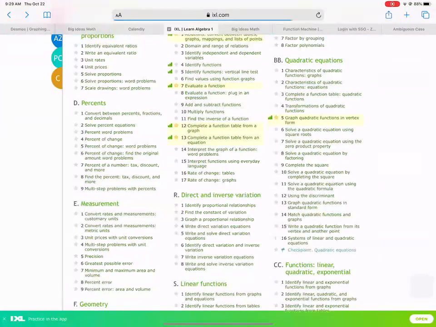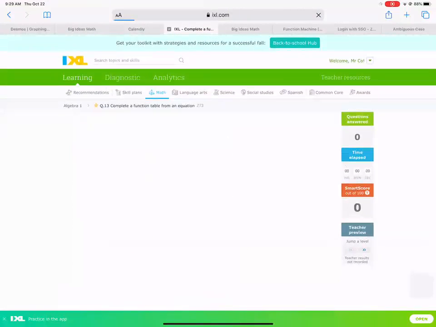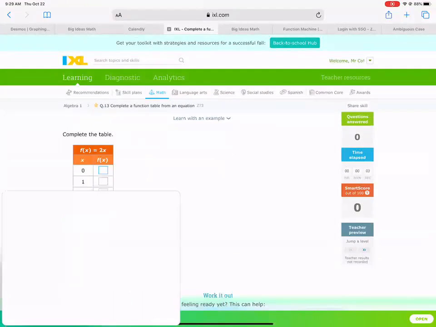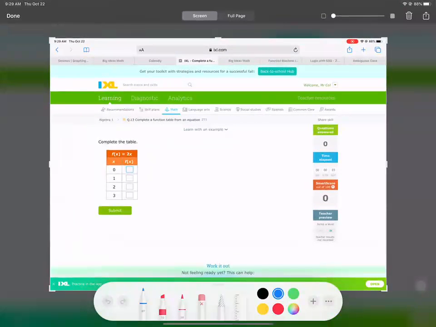Our next one, we're going to complete the graph based on the equation. So on your notebook, you should be writing this out, just like what they wrote. But they're going to write f of x is equal to 2x. 0, 1, 2, 3. So please write this in your notebook because you want to practice setting up these tables yourself.